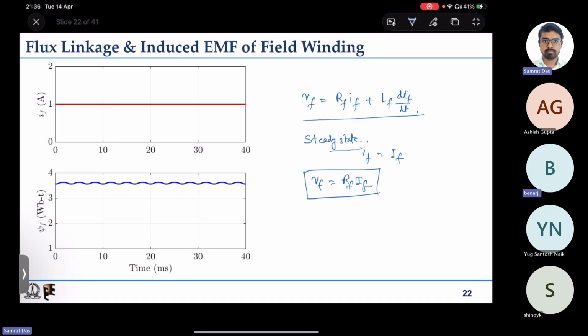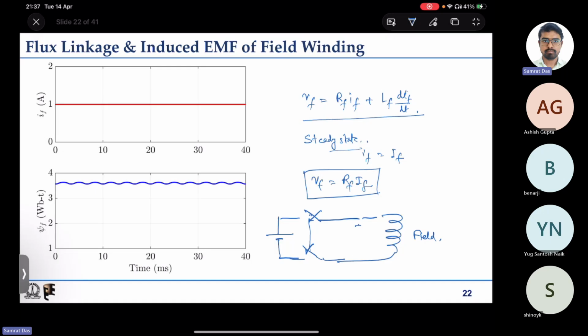Say you have your winding, this is your field winding, you have some voltage source, and now you have a switch, a double pole single throw switch. So you turn on this switch at some instant t equal to t0, t equal to 0.